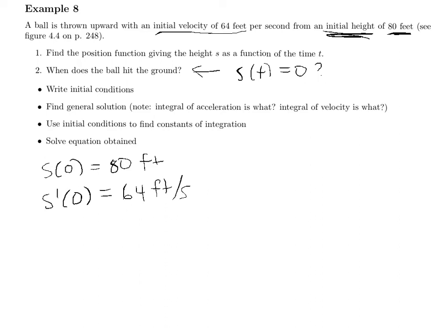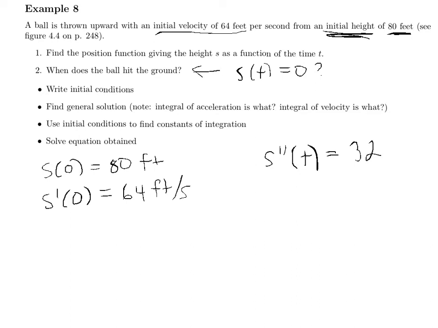We also have to remember a very important piece of information, and that is that the acceleration, which is the second derivative, of a falling object in feet per second squared is 32.